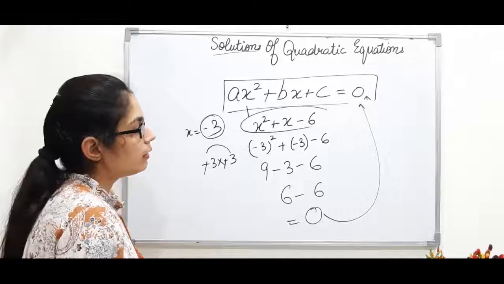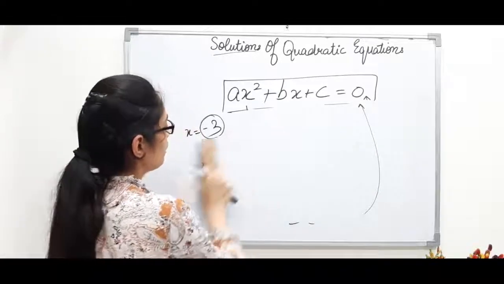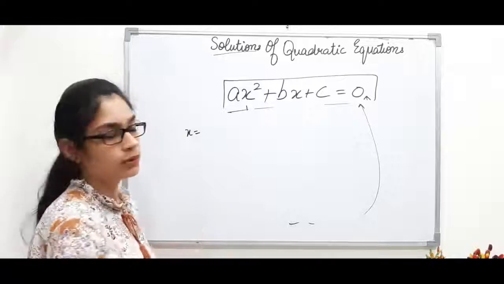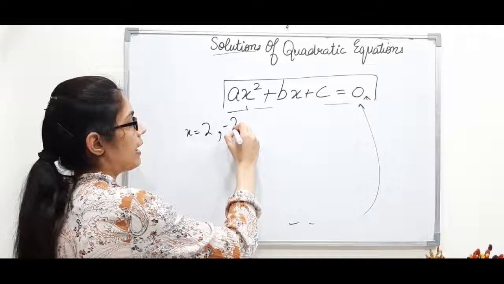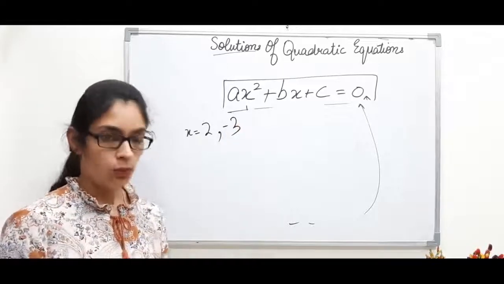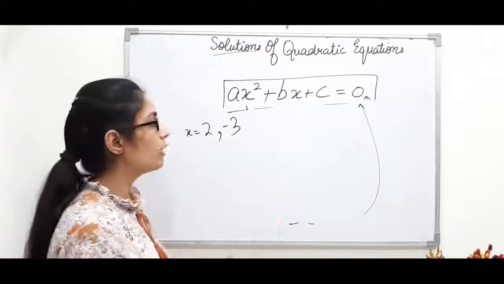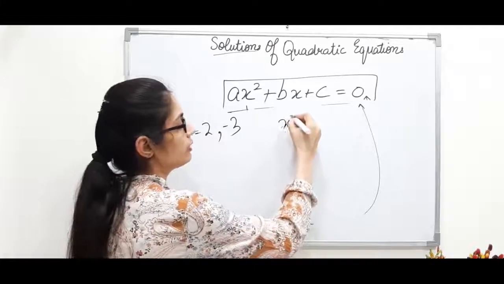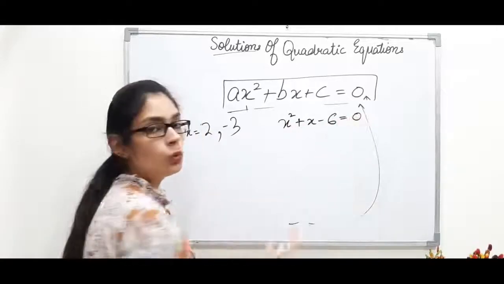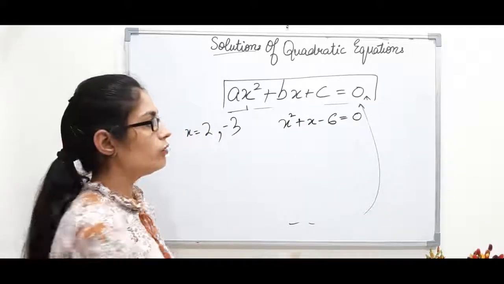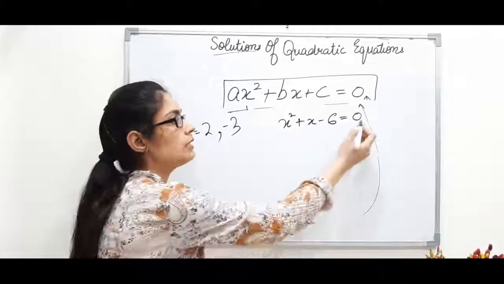And one thing you always have to remember, here I have taken two values. I have taken x equals 2, and I have taken x equals minus 3 also. So two values I have taken, which shows me that for this particular equation there are two values of x for which my equation becomes equal to 0.